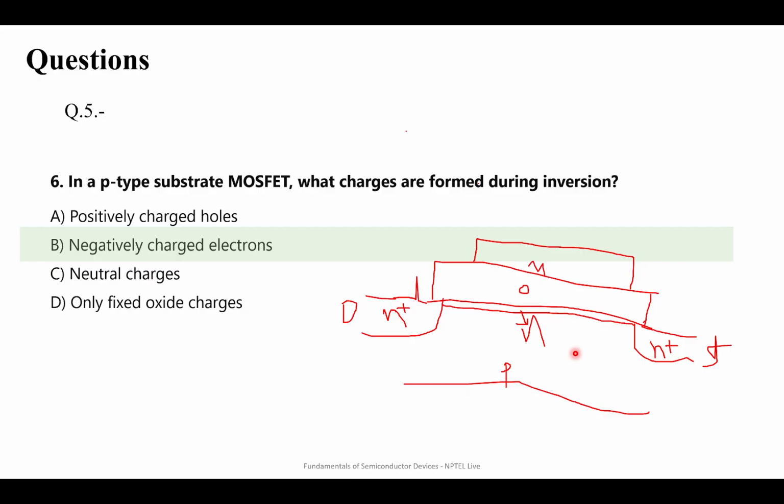Now if I apply positive drain voltage and ground the source, then will a source to drain current flow? Here the source and drain are n plus, so you need an n-type region for the current to flow. Yes, sir.